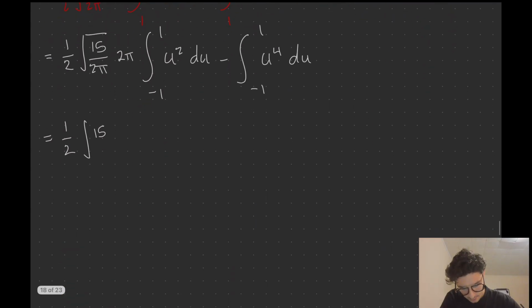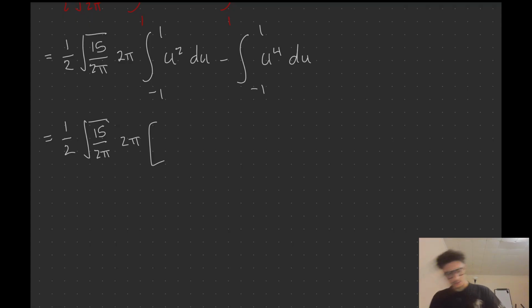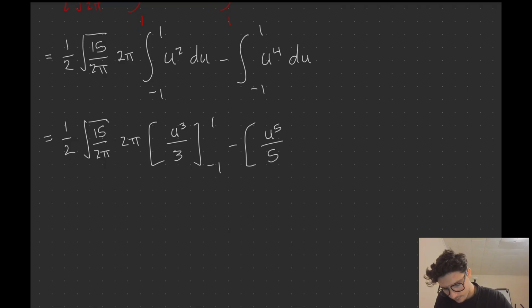There's a pi here that's blessing us. But what we have here now is u squared, which is, let's see, we have u cubed over 3, 1 minus 1, minus u to the 5 over 5, 1 minus 1.